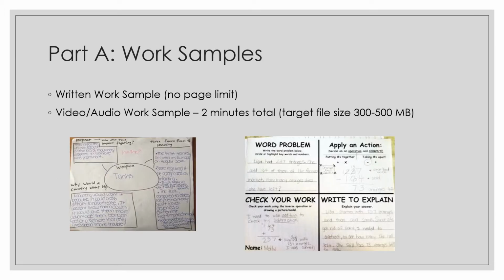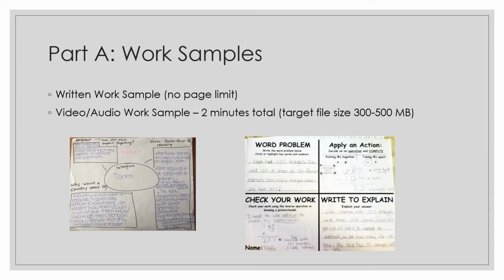For Part A, the work samples, you need to have either a written work sample, and there's no page limit if you use that, or you can have a video or audio work sample, and it would be a total of 2 minutes, nothing larger than that. And remember that all the target file sizes for edTPA are between 300 and 500 megabytes.